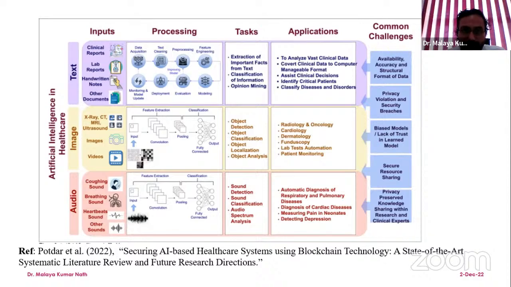Whenever we are talking about the different health sectors, privacy violations and security breaches are also present. Sometimes when we are talking about classification or detection, there is a lack of trust in AI models, and one AI model may classify cases more correctly for one kind of images, but then it cannot classify the same thing for other kinds of images.